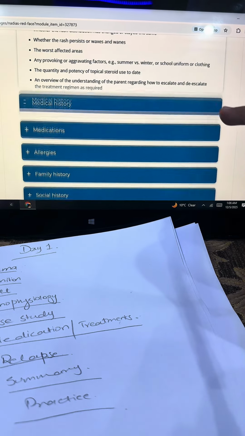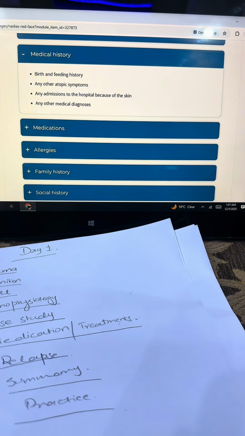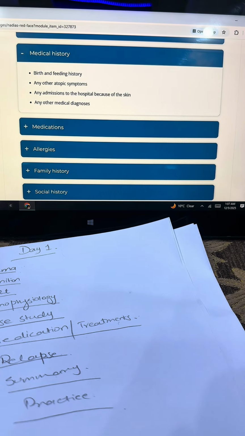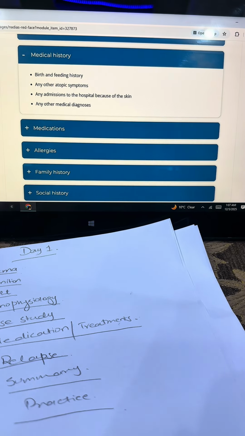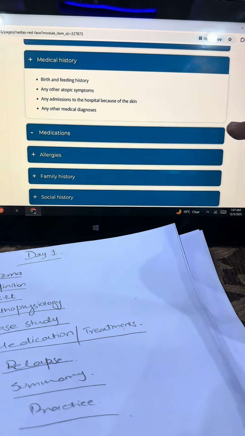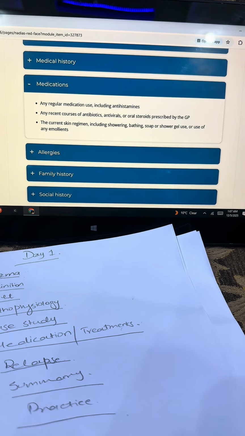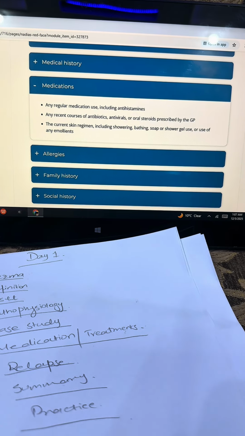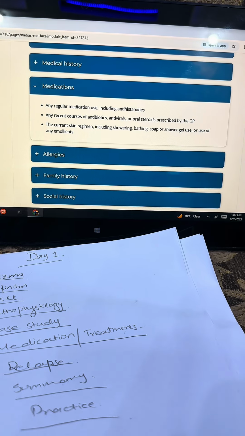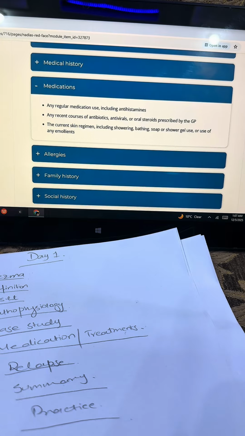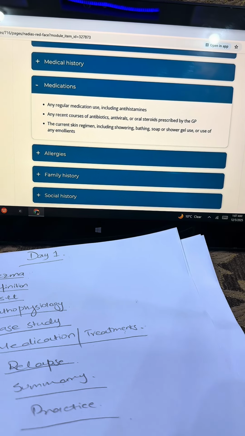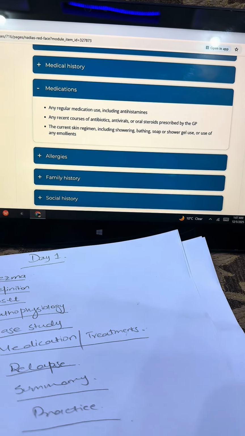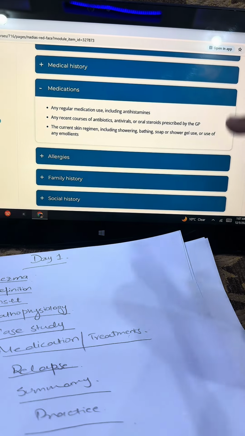In the medical history we may discuss the birth and feeding history, any other atopic symptoms, any admission to hospital because of skin, any other medical diagnosis, and any regular medication use, including antihistamines and recent antibiotics, antivirals, or oral steroids used by the general practitioner, and the current skin care, including shower, bathing soaps, shower gel, and any other emollient.